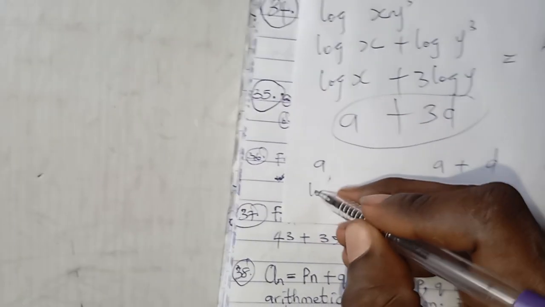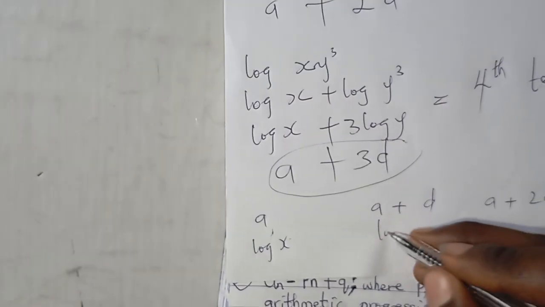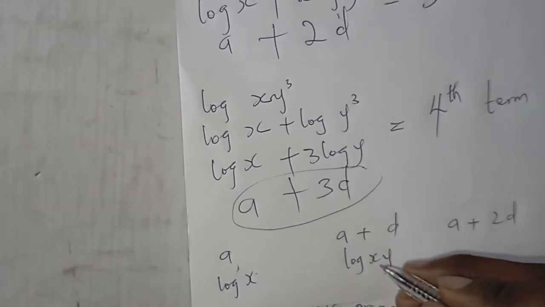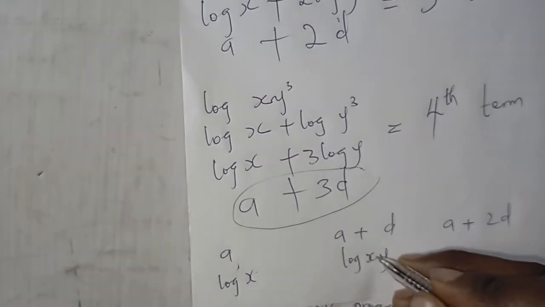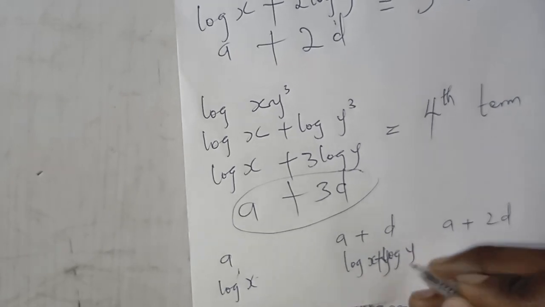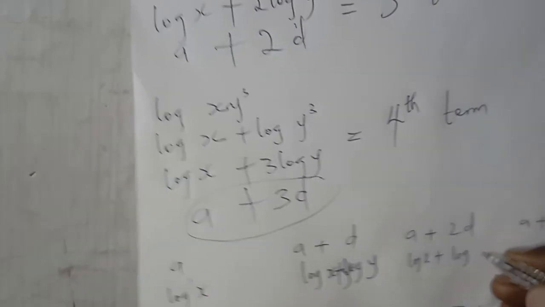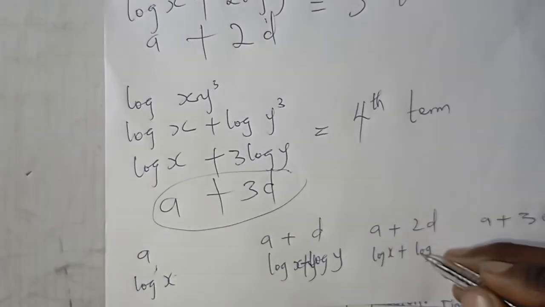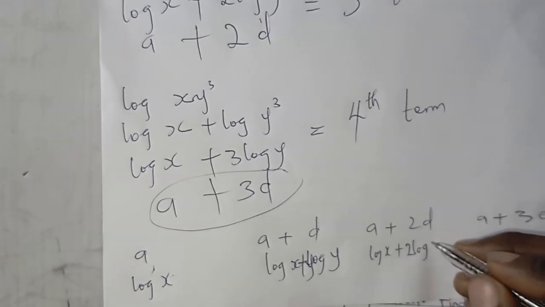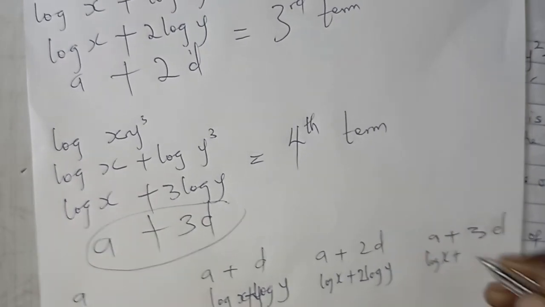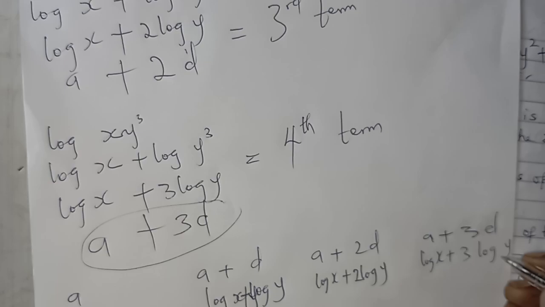So log x, log xy which is log x plus log y, then log x plus 2 log y, then log x plus 3 log y.